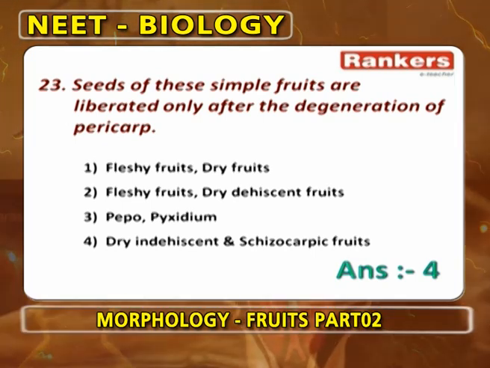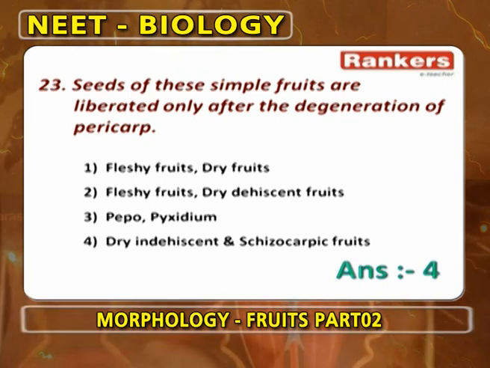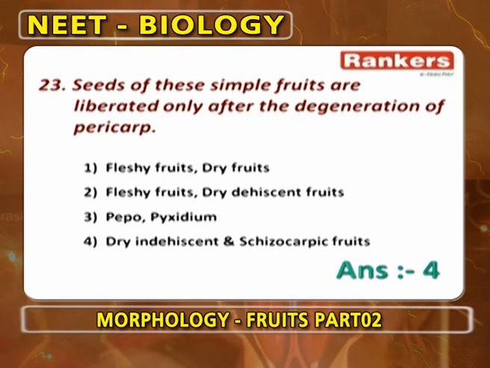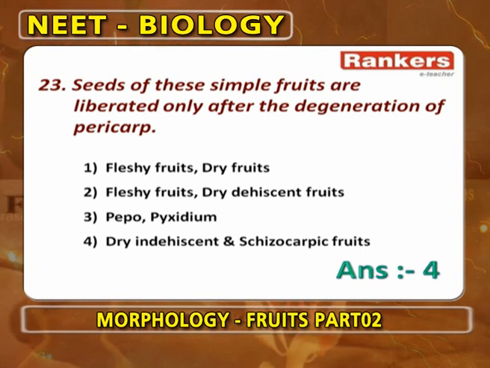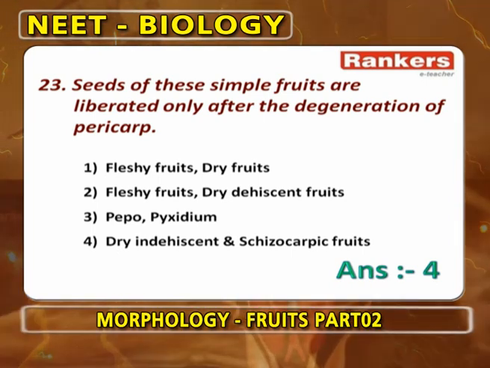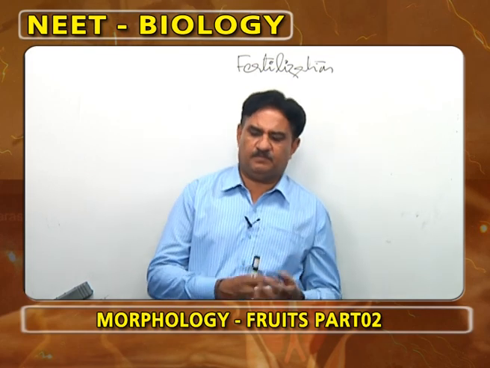Fleshy fruits and dry dehiscent fruits is also wrong. Pepo and Pyxidium is also wrong. Dry indehiscent fruits and schizocarpic fruits: schizocarpic fruits show both dry dehiscent and dry indehiscent character. So dry indehiscent fruit and schizocarpic fruits are the only fruits where the seeds are liberated only after the disintegration of pericarp.